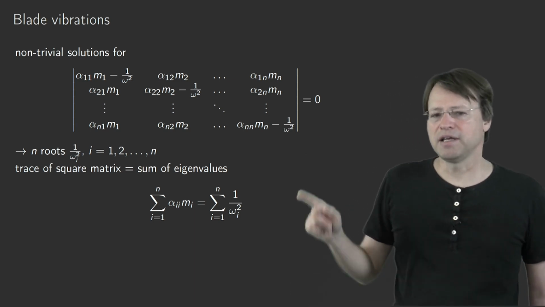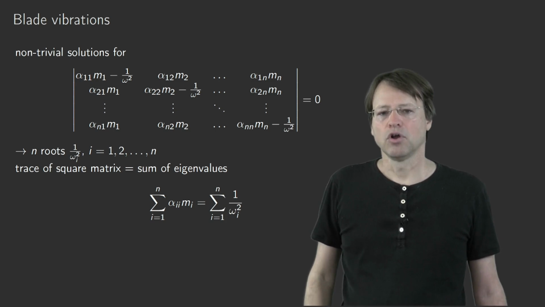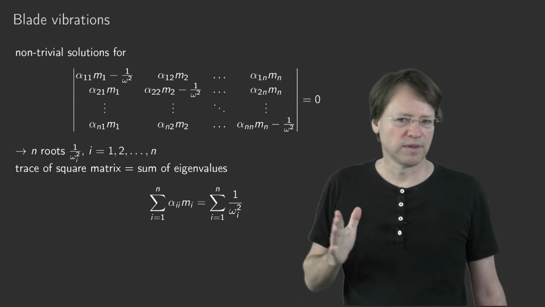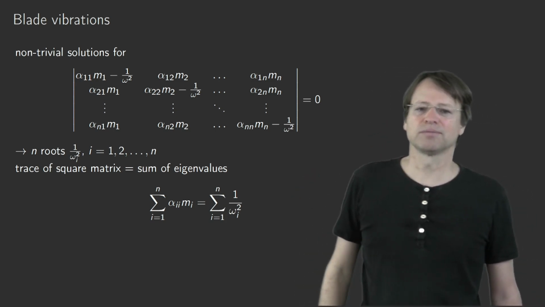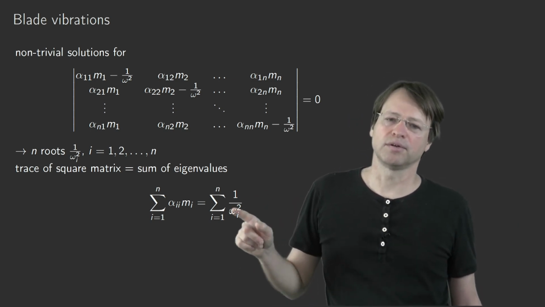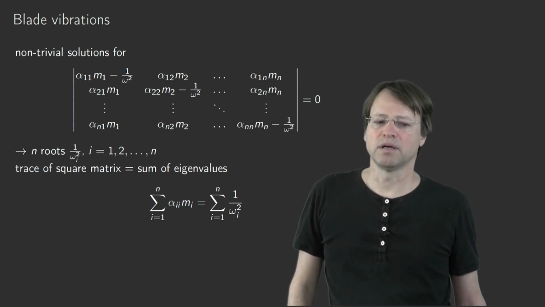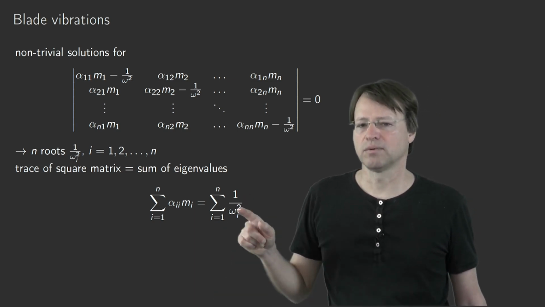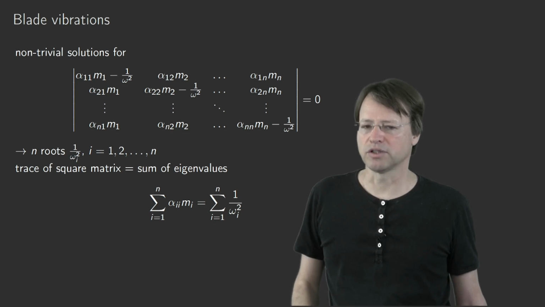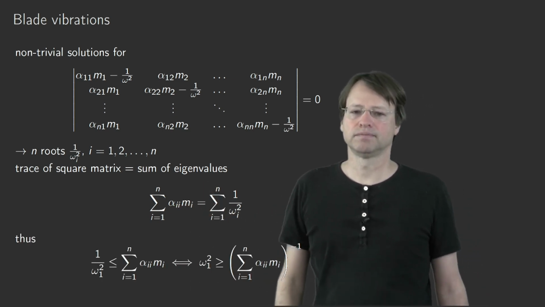So if we replace that sum just by the first term, of course, we leave out a lot, namely the other n-1 terms. We know that everything that we leave out is positive, so that we can replace the left-hand side by 1 divided by omega 1 squared, and we are sure that 1 divided by omega 1 squared is lower than this sum.